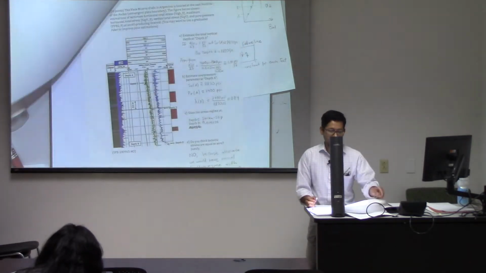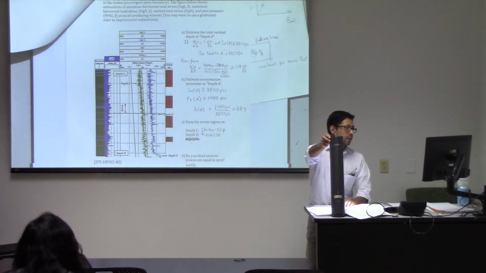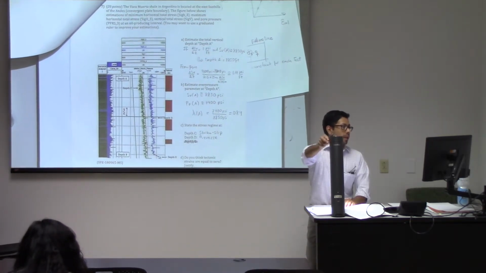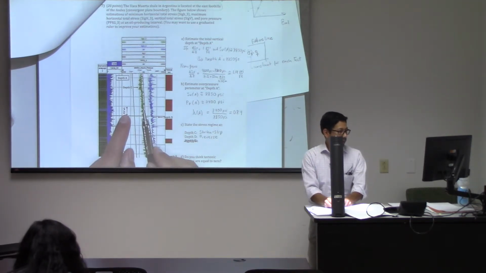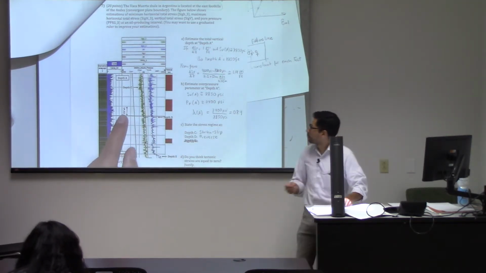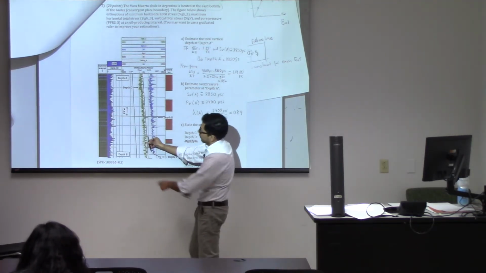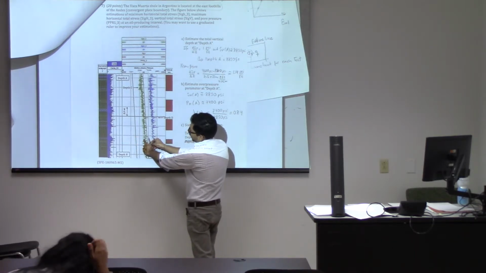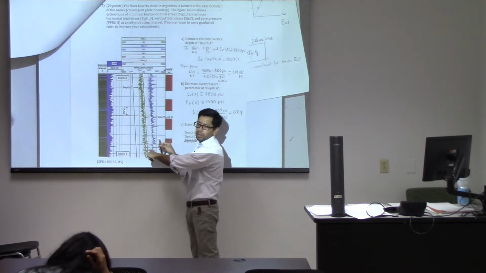Yes? Okay. This is a real application problem, okay? In this real application problem, you have vertical stress in this line, SV, pore pressure in this line, minimum horizontal stress and maximum horizontal stress calculated with tectonic strains.